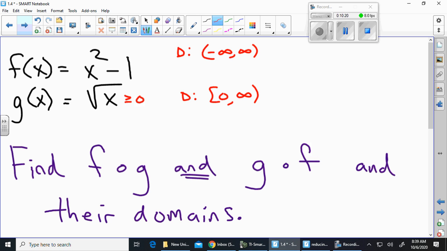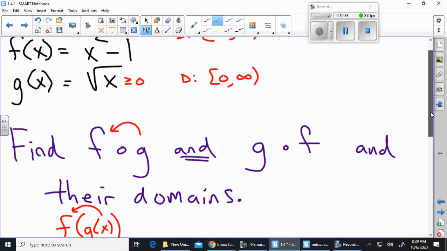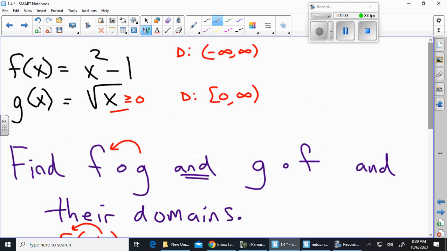So if I ask you to do f of g of x, I'm putting g into f. So remember, I do prefer that. I'm putting g into f. So I'm going to take this whole thing and put it in for that x.